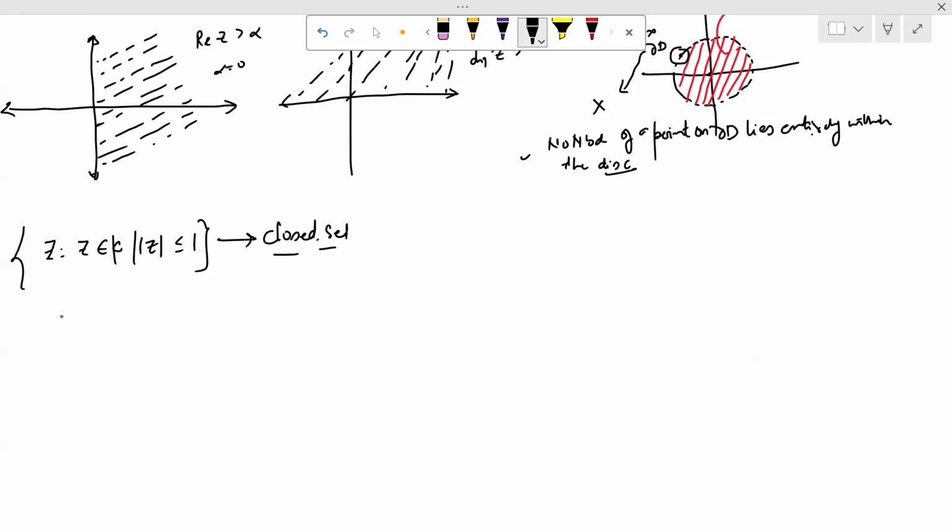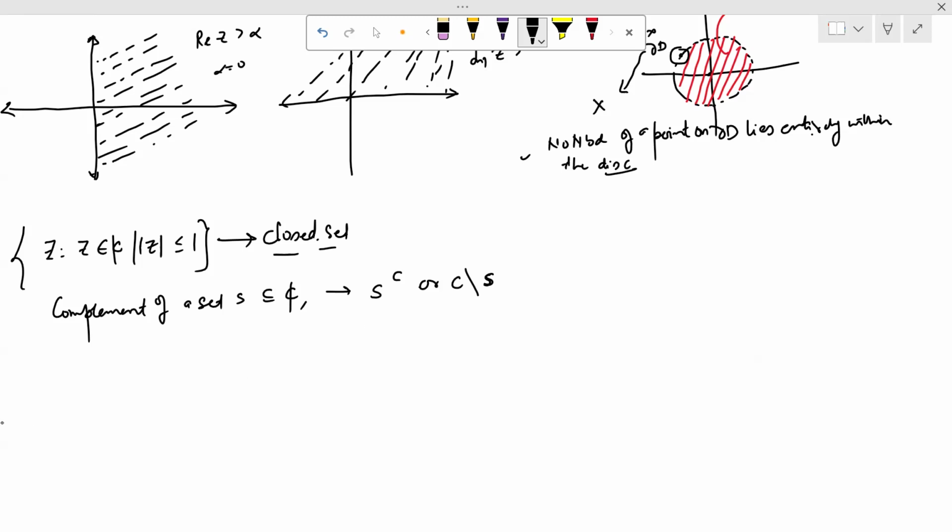The complement of a set S, which is a subset of C, we usually denote by S^C, or at times you can also write it this way. From C, we are not taking the points of S, rather the other points. So basically this denotes a complement. I hope it is clear.